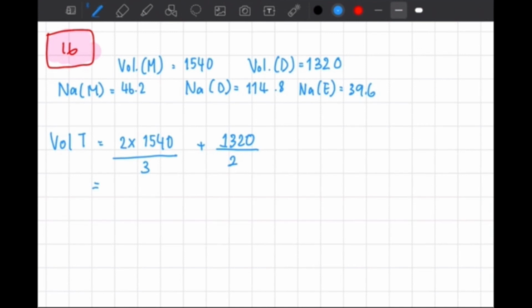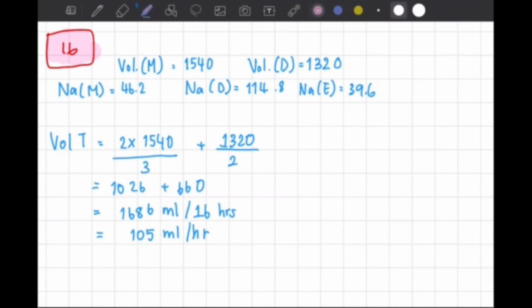What I would get is 1026 plus 660, so I would get 1686 ml per 16 hours. This is not 8 hours anymore, this is 16. If I divide it to find my hourly rate, I would get 105 mLs per hour. Perfect, that's our volume total.